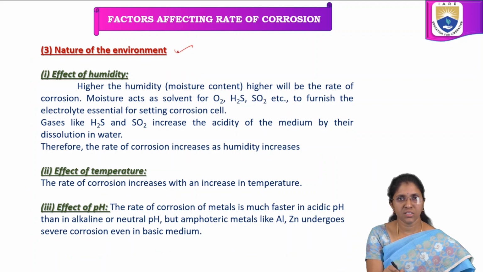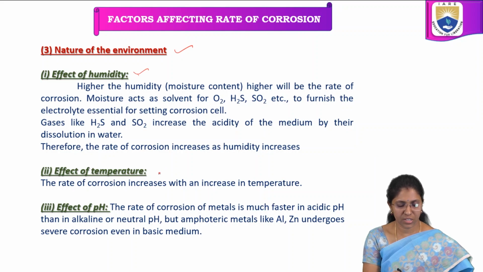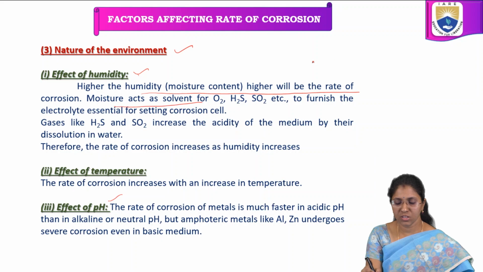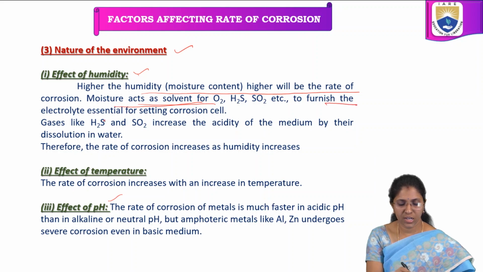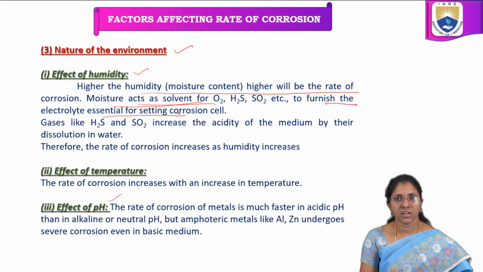The next one is nature of the environment. The first is the effect of humidity, the second is the effect of temperature, and the third is the effect of pH. The higher the humidity, the higher the rate of corrosion. If moisture is more, the rate of corrosion is also more. Moisture can act as a solvent for oxygen, H2S, SO2, etc., which are present in our atmosphere, to furnish the electrolyte essential for setting up a corrosion cell.